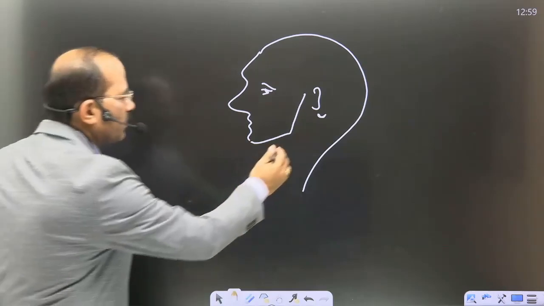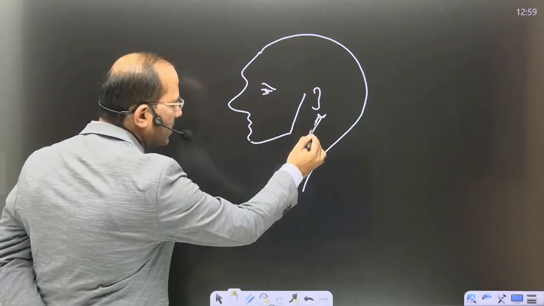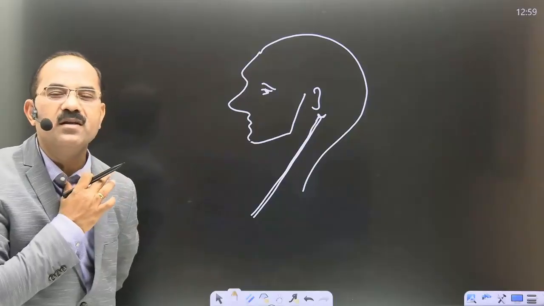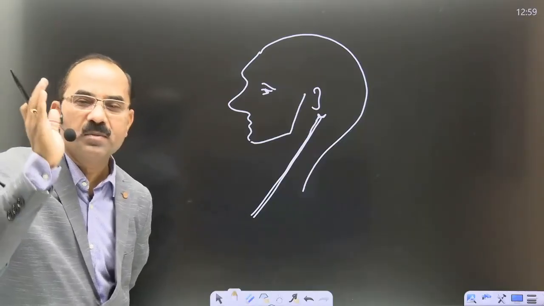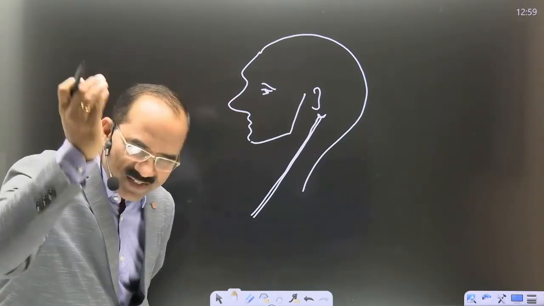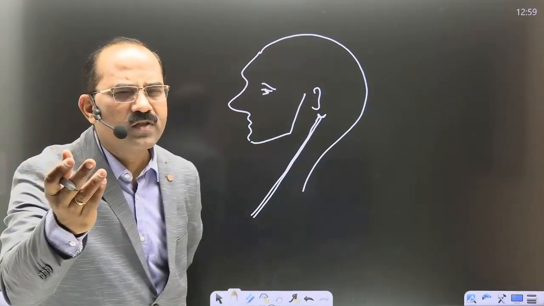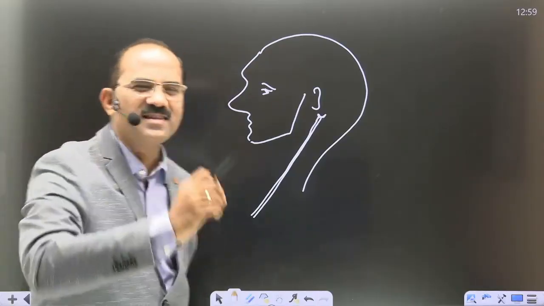Fine. Now you tell me, what is this muscle which begins from the mastoid process and comes down like this? A muscle which has got two heads, a sternal head and a clavicular head, and this muscle goes and gets inserted into the mastoid process. Yes, the sternocleidomastoid. Very good. Any guesses about the nerve supply of sternocleidomastoid? The spinal accessory nerve, right?